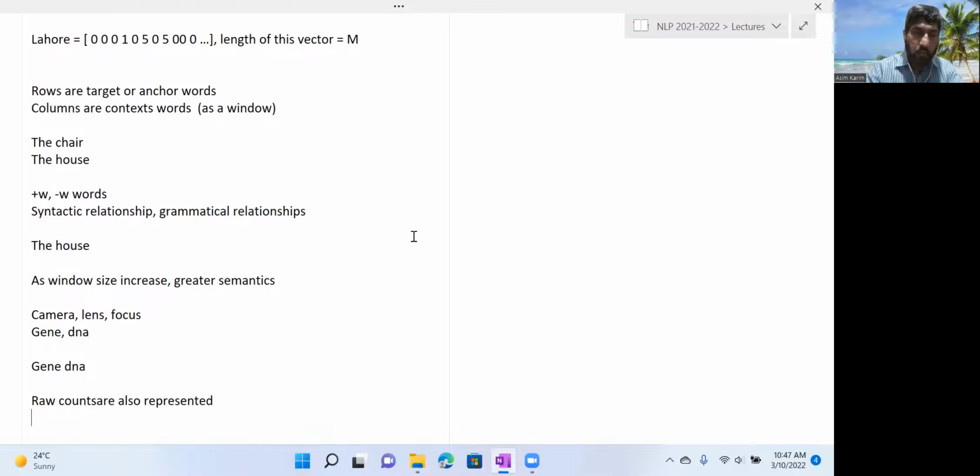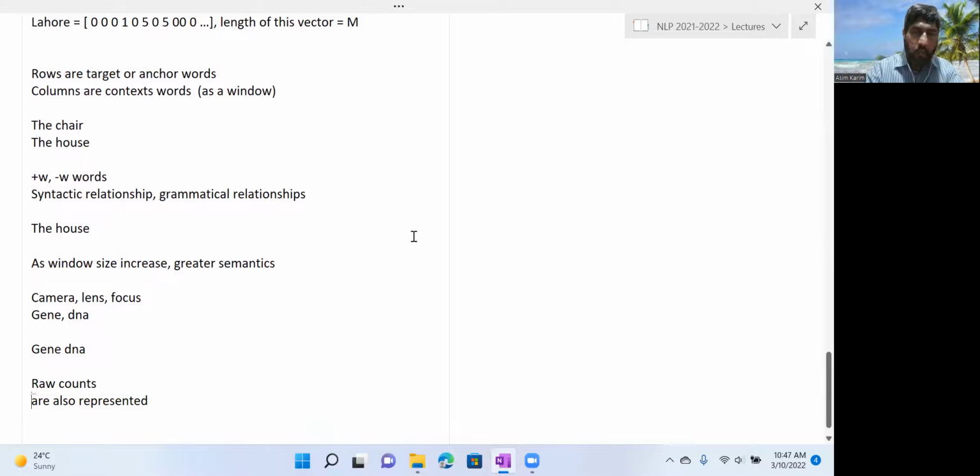Another measure is more commonly used, which is called positive pointwise mutual information, PPMI. So instead of using raw counts as the values in the matrix, we will use PPMI.